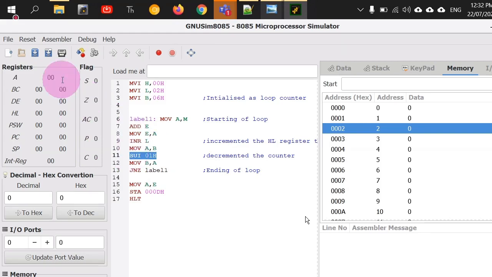If you copy data of 0 into the accumulator, the zero flag will not be set, right? So it will look for the previously executed command, not in terms of data transfer. So this move B comma A will not be looked at. SUI 01H will be looked at, and SUI 01H will be applicable to the A register, not the B register.